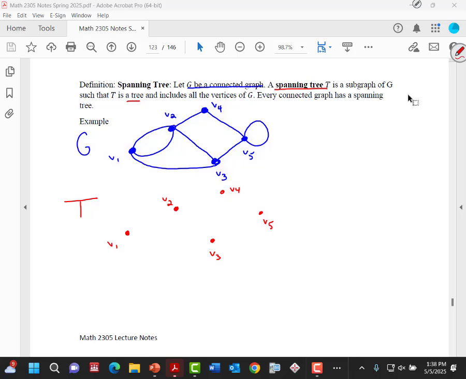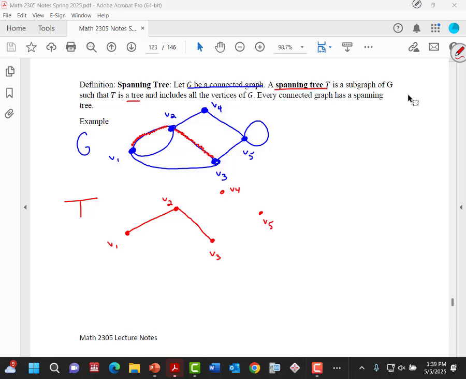Okay, so what if I drew this right here from V1 to V2? So let's say I take this edge right here. I'm not going to take this other edge from V1 to V2 because in that case it would induce a cycle. Also, I'm not going to go from V1 to V3. Okay, I do need to get from V2 to V3, so I'll take this edge right here. That's this edge, like so.